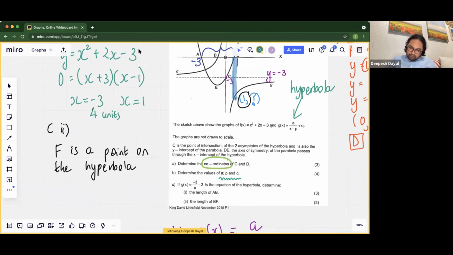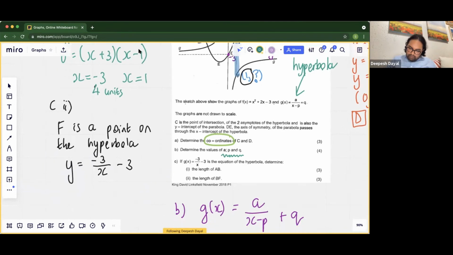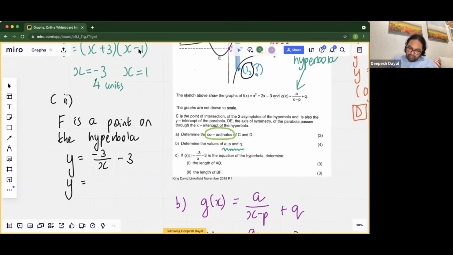So y is equal to -3 over x minus 3, which will then be y is equal to minus 3 over 1 minus 3, which is minus 6.